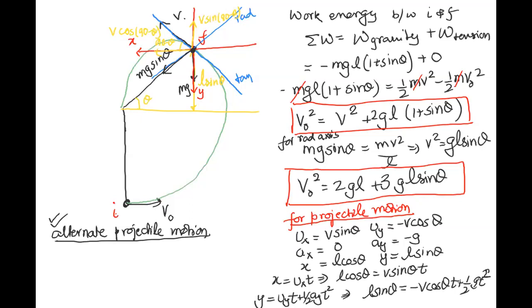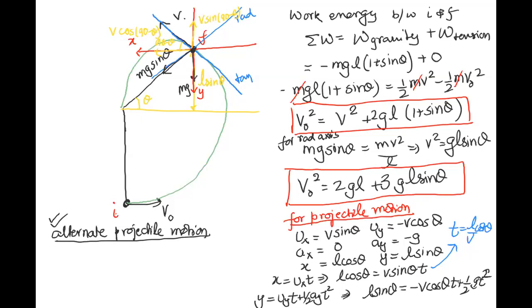So now what I can do is I can get rid of t. How do I get rid of t? Well, to get rid of t, I will write t as L by V cot theta.